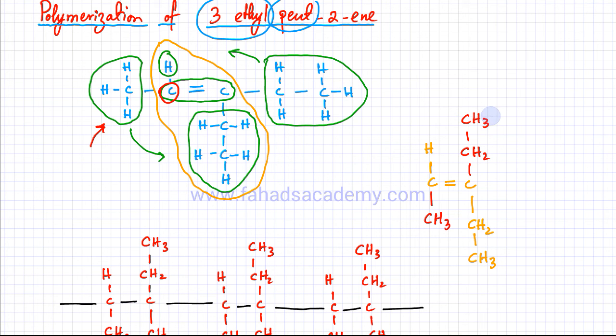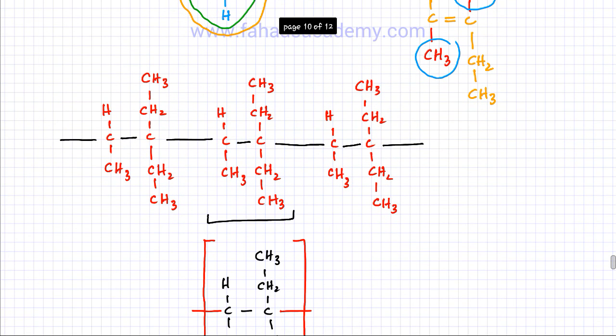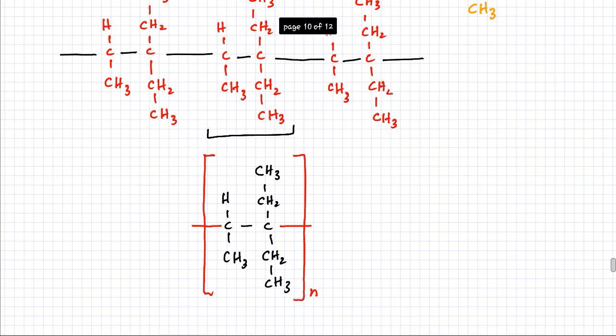I'm going to highlight that in blue. So this CH3, CH2 and this CH3 were bent. They were made in the upward direction and the downward direction. And you're going to repeat this same structure over and over again, and you're going to get rid of the double bonds and instead make a single bond and then link up the chains together. And that's how you get this particular structure.